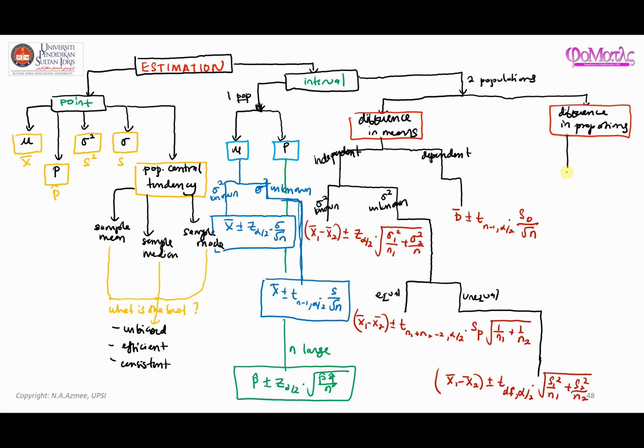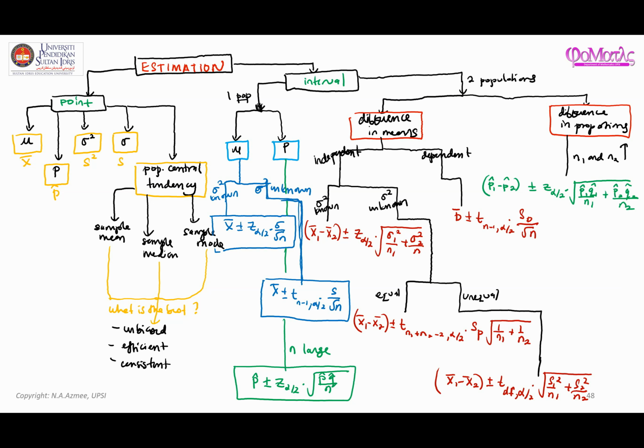The difference in two proportions, provided that n1 and n2 are large, the formula is given by p1 hat minus p2 hat plus minus z alpha over 2, using the standard normal distribution, times the square root of p1 hat q1 hat over n1 plus p2 hat q2 hat over n2.